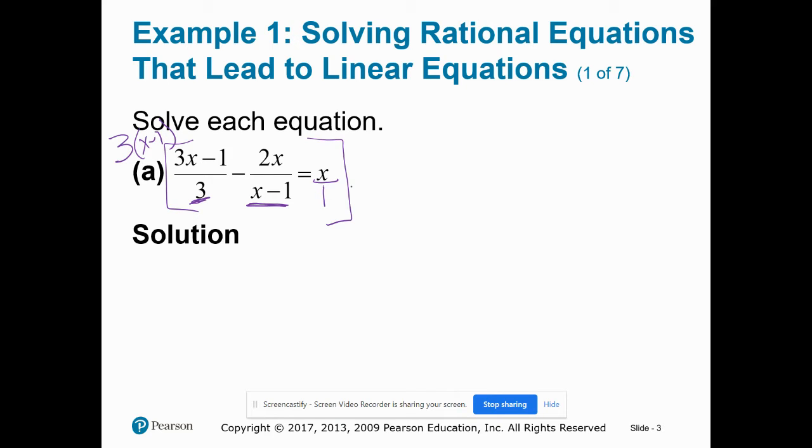Multiplying by 1 doesn't really change anything, so we don't have to worry about any of that. So what this means is we're taking each part, there's 1, 2, 3 fractions there, and we're multiplying it by that common denominator of 3 times x minus 1.